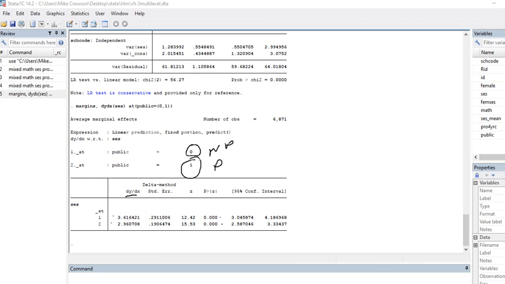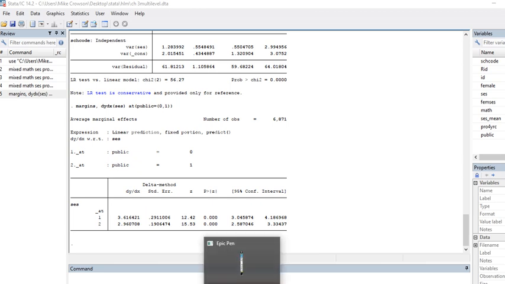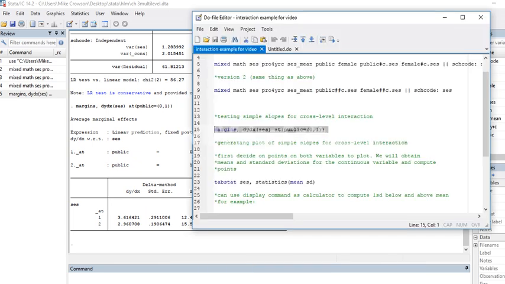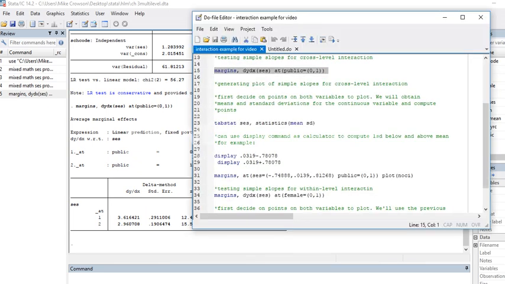Now, if I want to get a visual on the interaction effect, I can do that as well. I want to generate a plot of the predicted values associated with math achievement at different combinations of the public variable and SES variables.